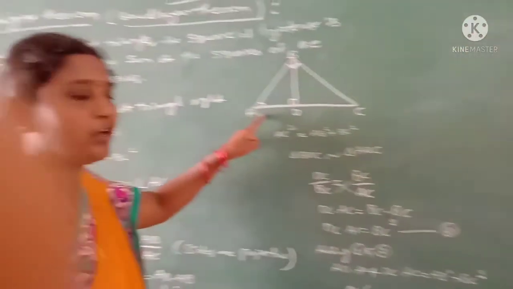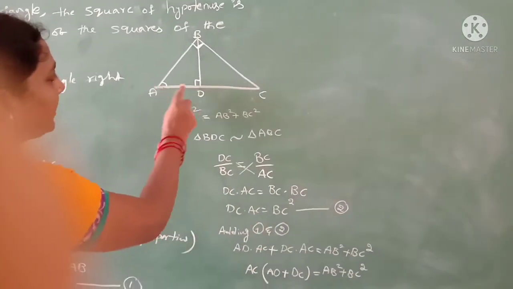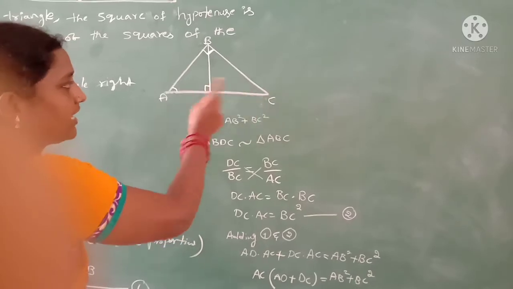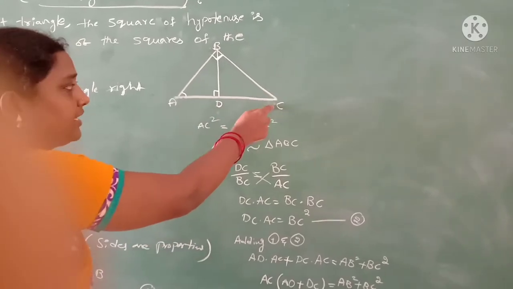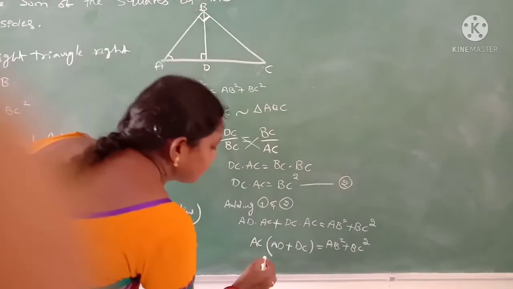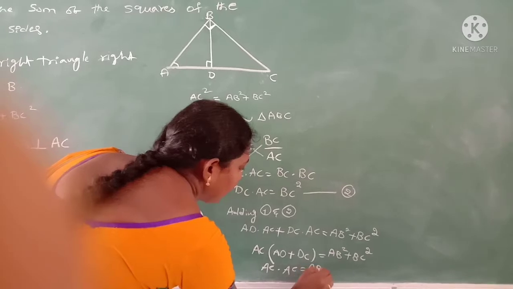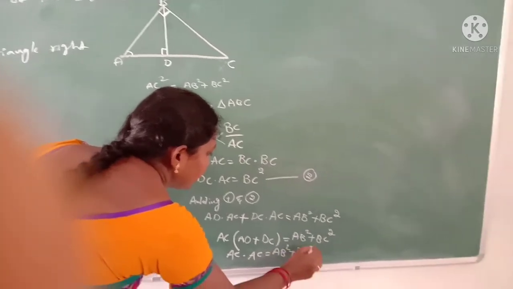Here we observe this figure. AD plus DC means AC. So we write the AD plus DC value as AC. AC into AC equals AB square plus BC square.